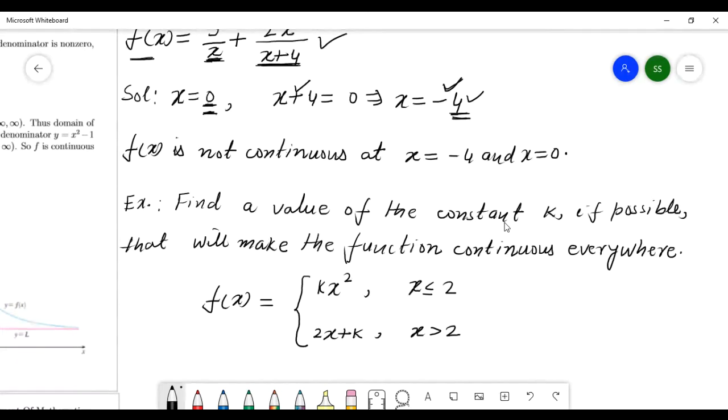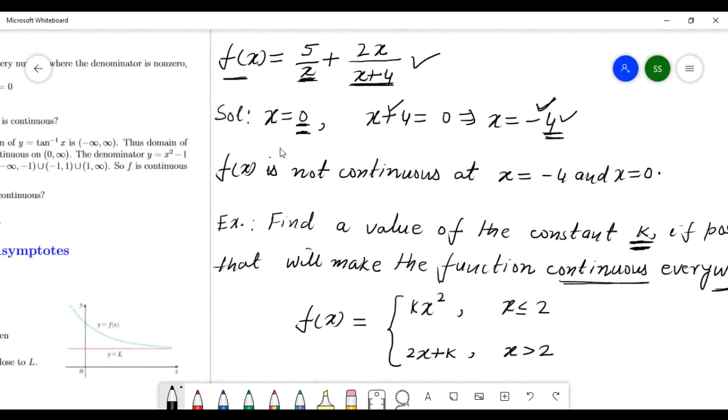You have to find the value of this constant k. You have to find for which value of this constant k this function will be continuous everywhere. So here put the condition of continuity, you will get the value of k. This is same like last lecture.